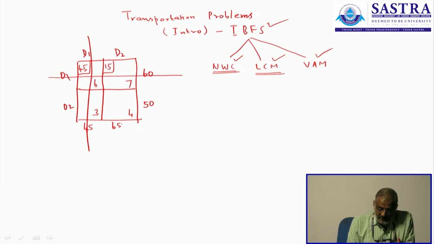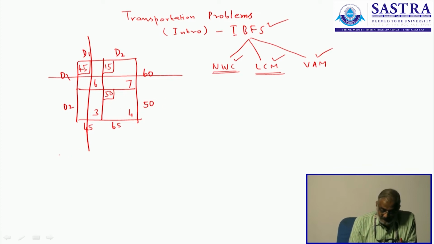Now the demand for destination 2 is 65 minus 15, which is 50, and that 50 is available here. Now put this 50 here. 45 plus 15 is 60, and 15 plus 50 is 65, and 50. So all the demand and supply are satisfied.